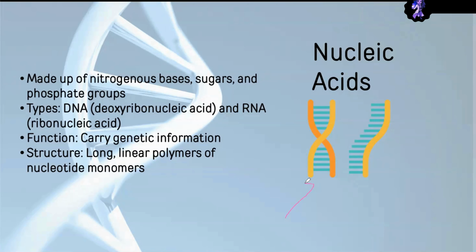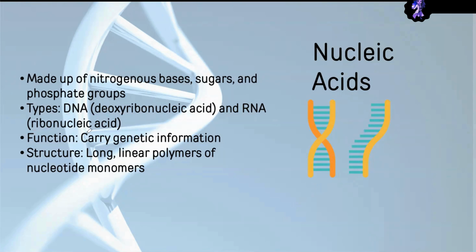So, for example, DNA is double-stranded, so you'll see these two strands here, while RNA is one-stranded, so you'll see that one strand there. This sugar is known as deoxyribose for DNA, which is why it's called DNA, and RNA has ribose, which is why it's called ribonucleic acid.